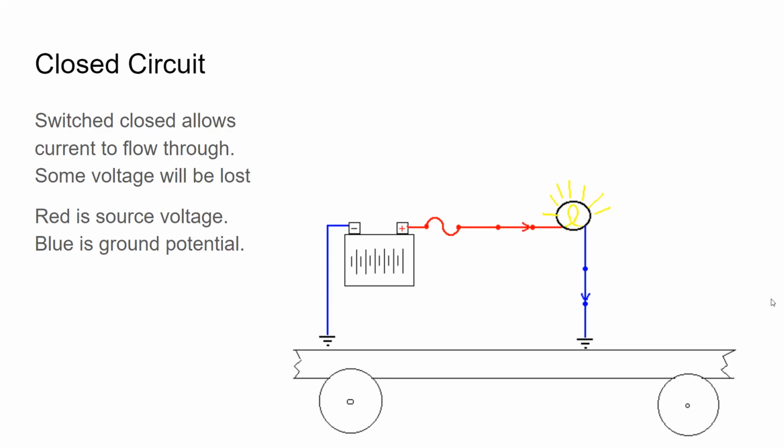So on the slide here, I say red is source voltage, blue is ground potential. So really this whole frame ought to be blue.